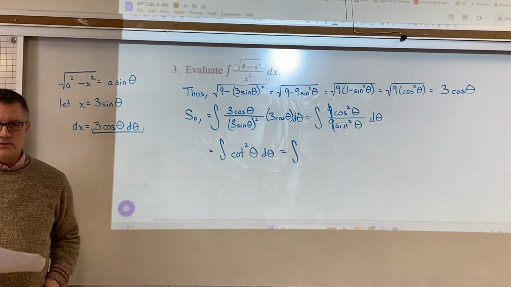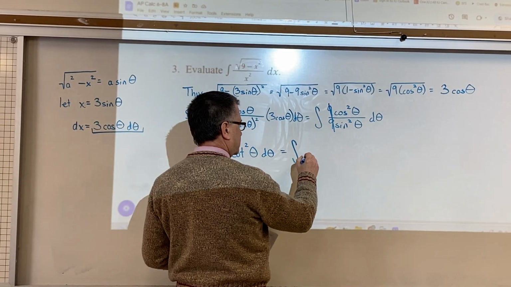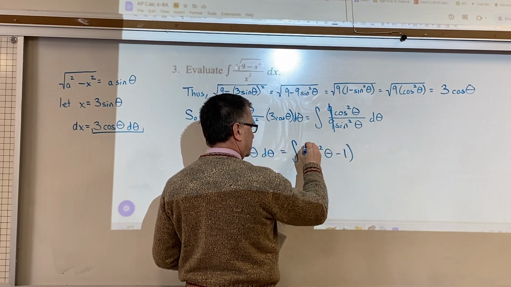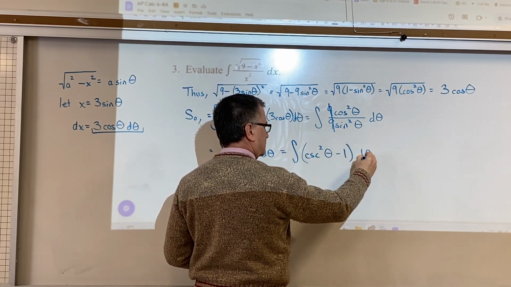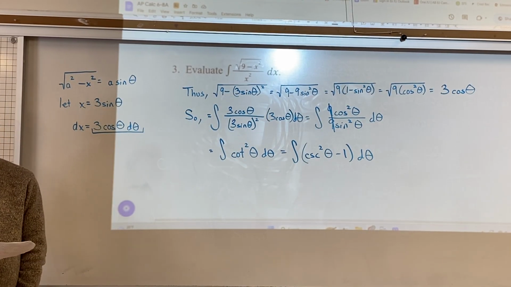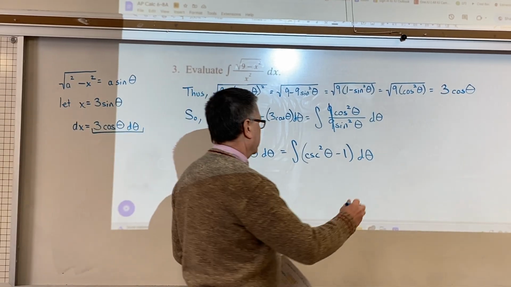Cotangent squared, if I use one of my pre-calculus identities, I think that's cosecant squared minus 1. And I bet there is a formula that gives me cosecant squared. Because I can do this.